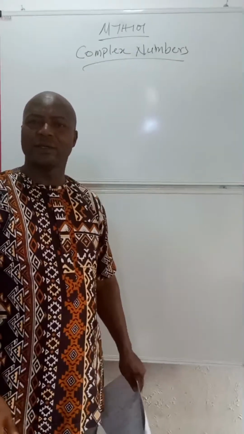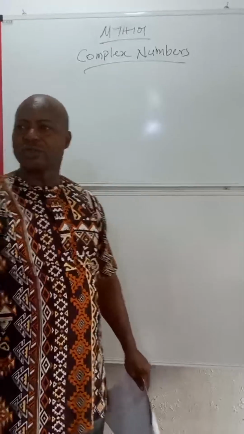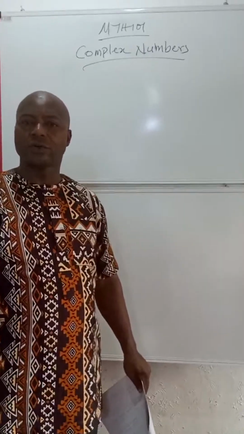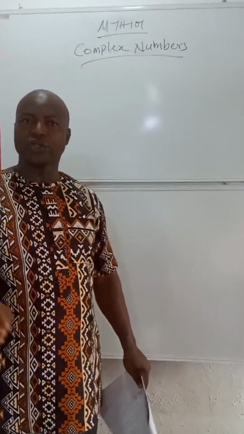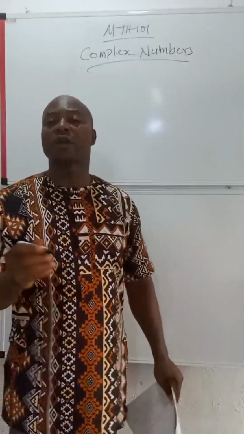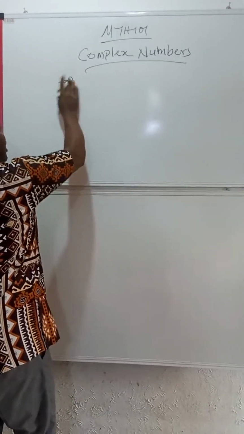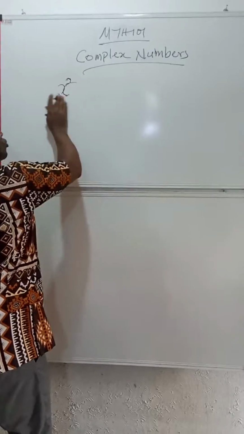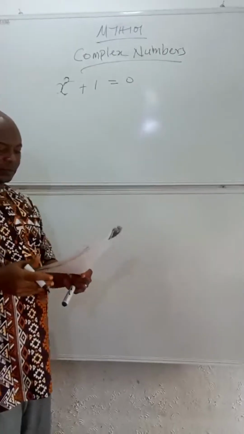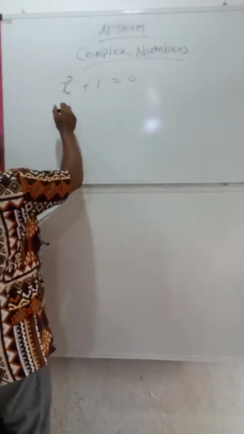And in it, you can observe that some solutions to the given equations are not really contained in the real number system, such as x squared plus 1 is equal to 0. The solution to this quadratic equation is not contained in the real number system.